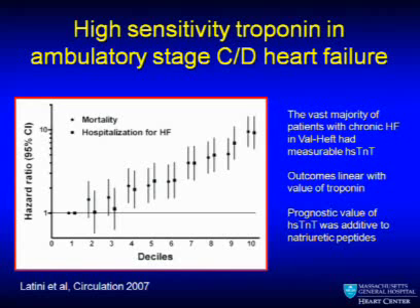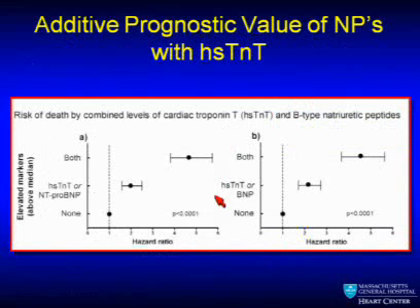So the vast majority were elevated, and the outcomes, that's what this slide is all about, with respect to the risk for mortality or heart failure hospitalization, were essentially linear with the concentration of troponin release in these ambulatory heart failure patients. The additive value of highly sensitive troponin above and beyond other prognostic measures, such as natriuretic peptides, was quite evident.